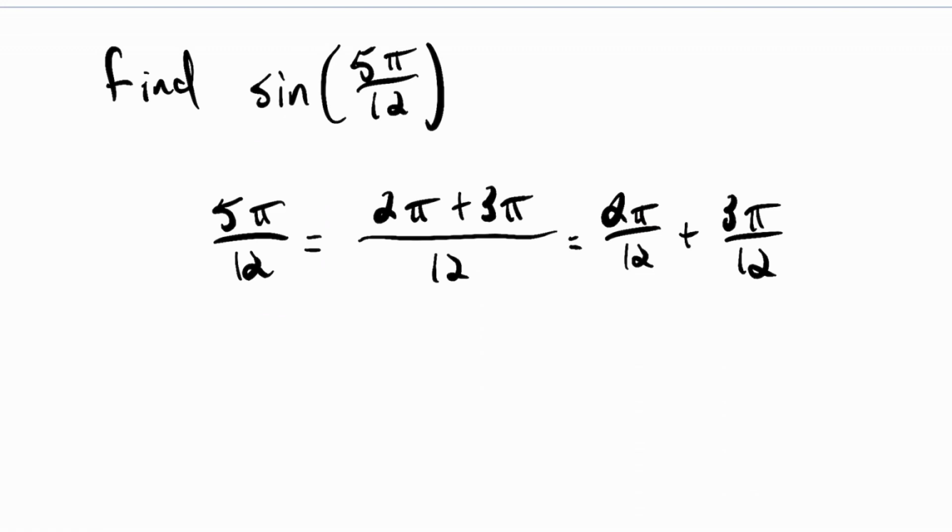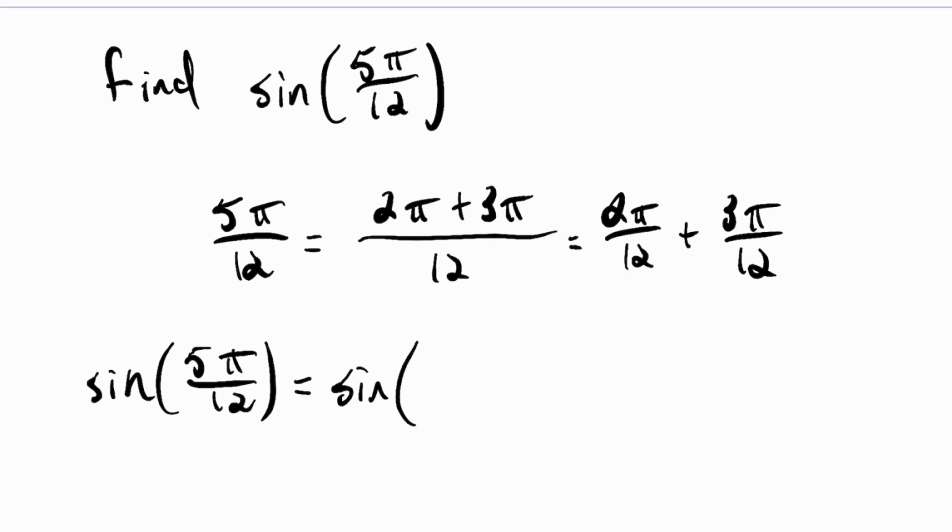Anyway, now I can say, well, sine of 5 pi, oops, being a little messy there. Let's start that over. Sine of 5 pi over 12, well, this is sine of, now 2 pi over 12 is of course pi over 6, and 3 pi over 12 is of course pi over 4.